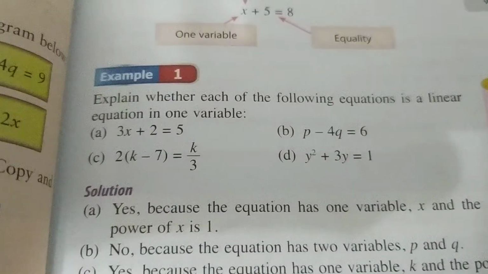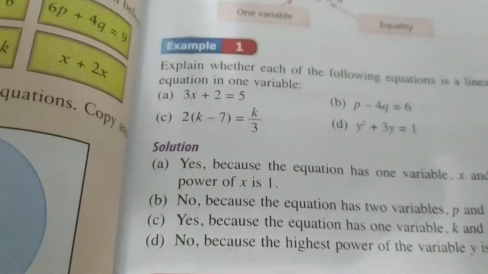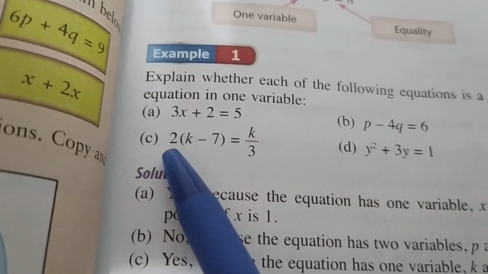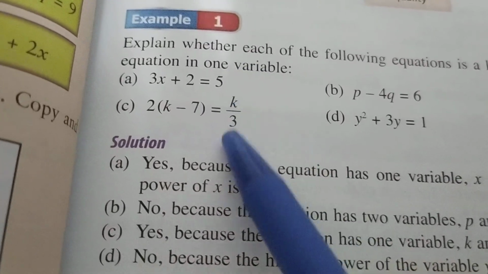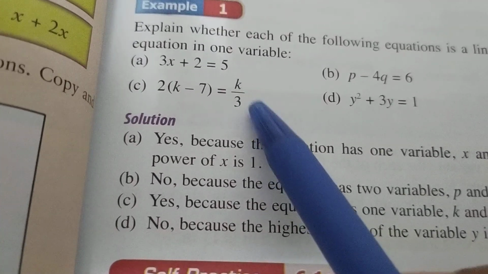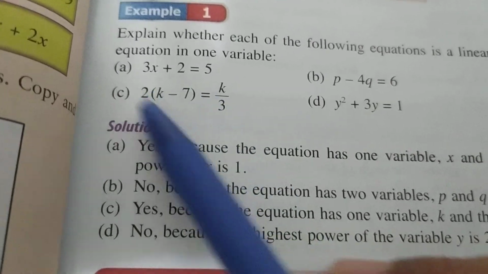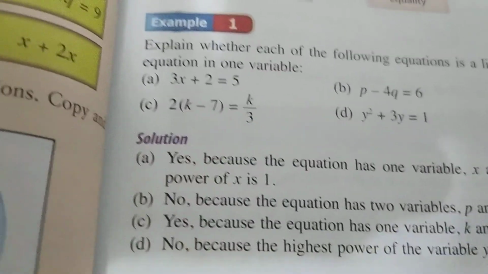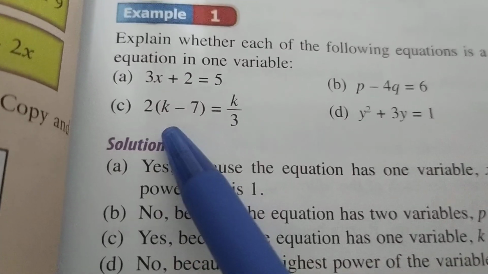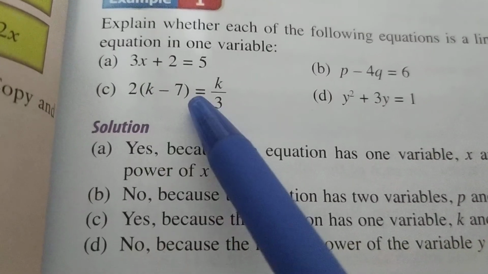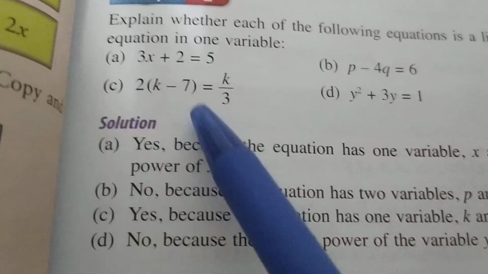Okay, so look at C. We have 2 bracket k minus 7 close bracket equal to k divided by 3. So what to do? You have to expand first. So 2 multiplied with k becomes 2k. Then 2 multiplied with minus 7 becomes minus 14.